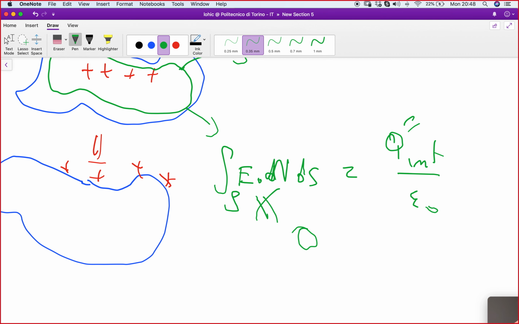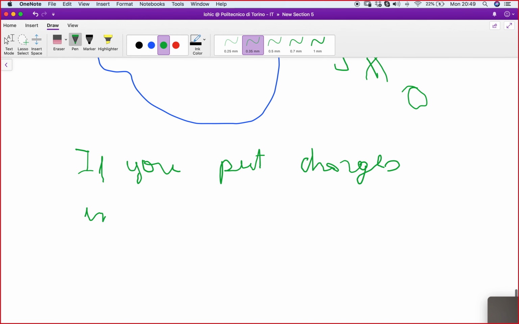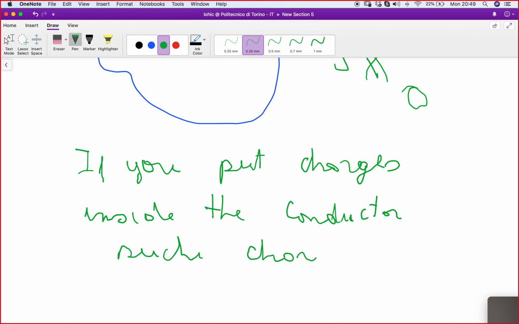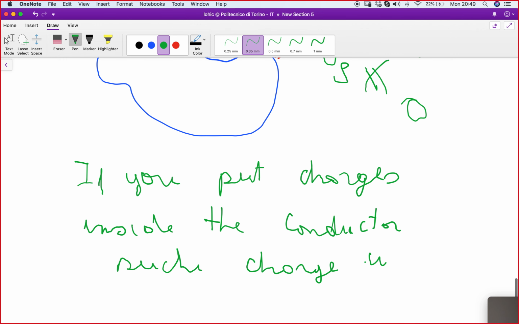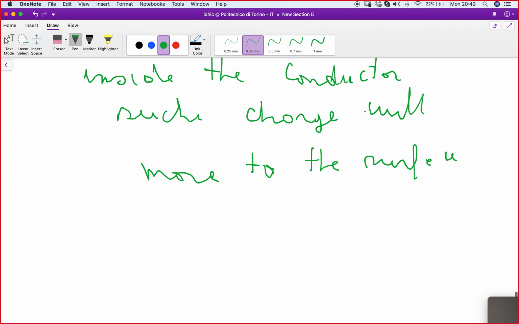So the next property that we discover is that if you put charges inside the conductor, such charges will move to the surface at the equilibrium.